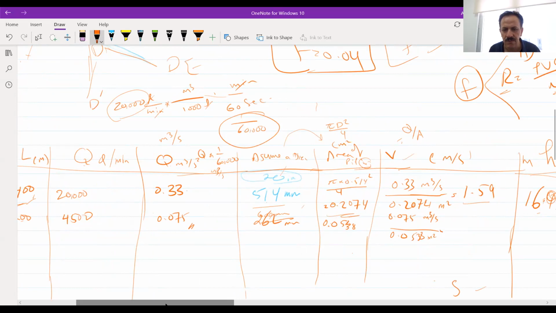Now I will get the velocity in this pipe. 0.075 divided by 0.0538 equals 1.39 meter per second, which is okay, and that's because I have a little bit of experience in choosing the diameters.